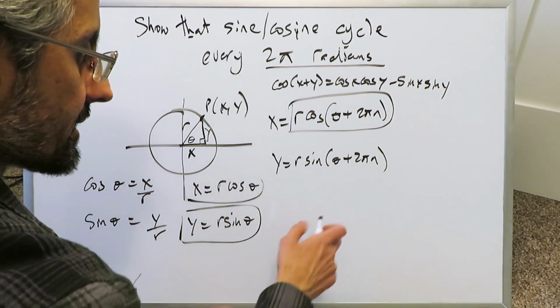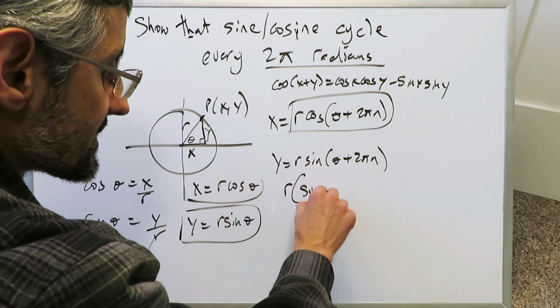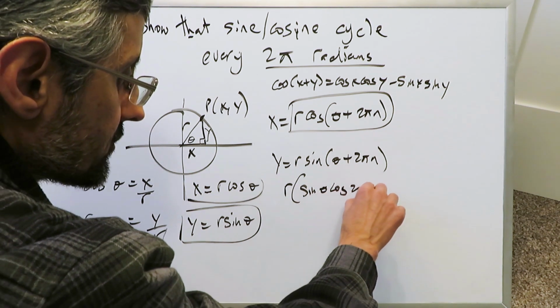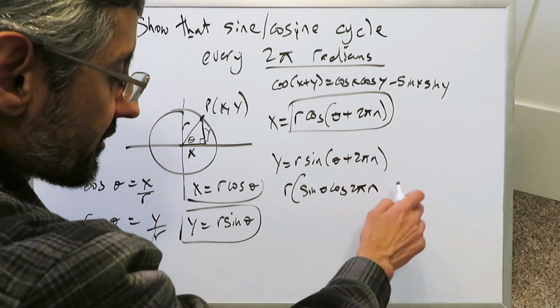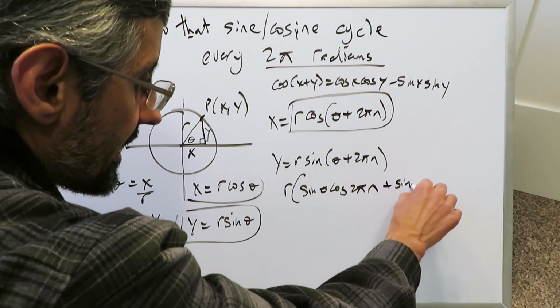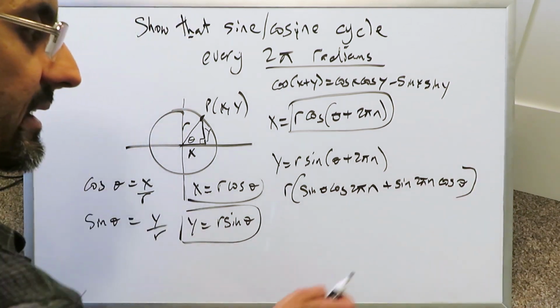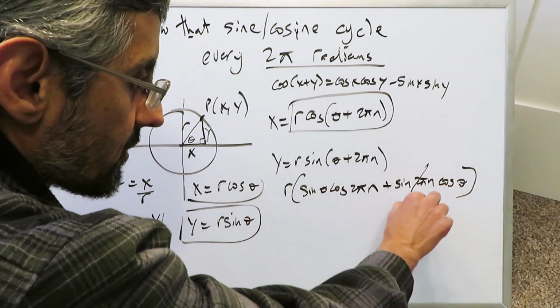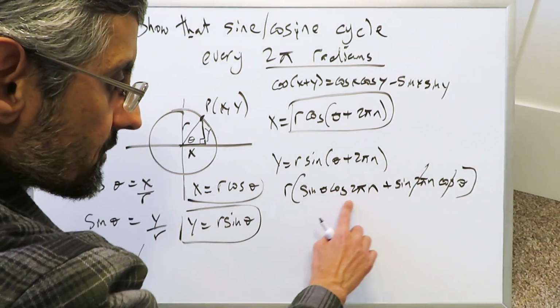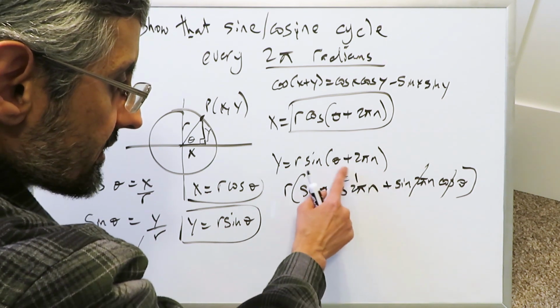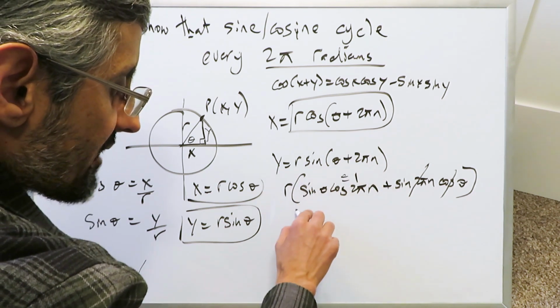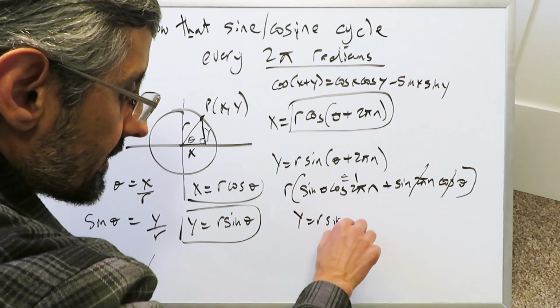When I bring that identity into place, I have sine theta cosine 2 pi n. Remember, n can be positive or minus. I have sine 2 pi n and cosine theta. By its very nature, sine 2 pi n will always zero out, which will zero this out. But I've already shown you this is always equal to 1. This 1 multiplies with the sine theta, and you're left with y equal to r sine theta.